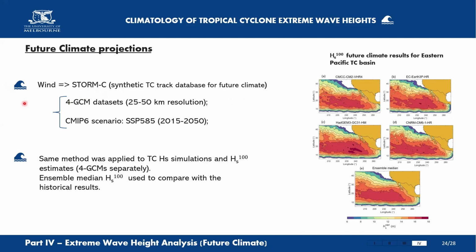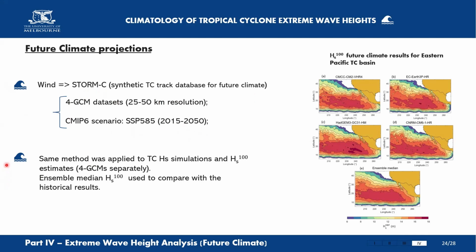This synthetic track database has 4 global climate model datasets, with resolution between 25 and 50 kilometers. And we use the CMIP6 high emission scenario SSP5-8.5 between 2015 and 2050.